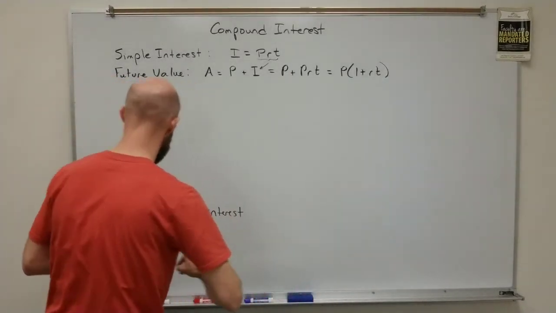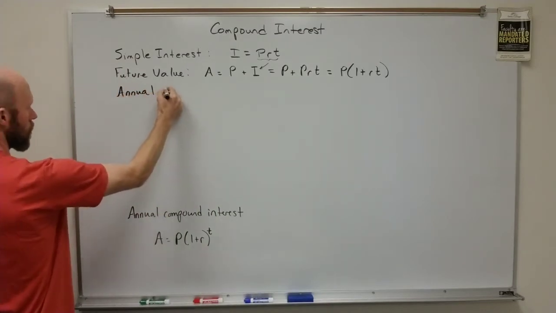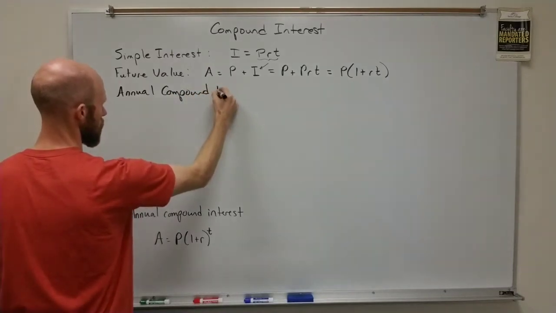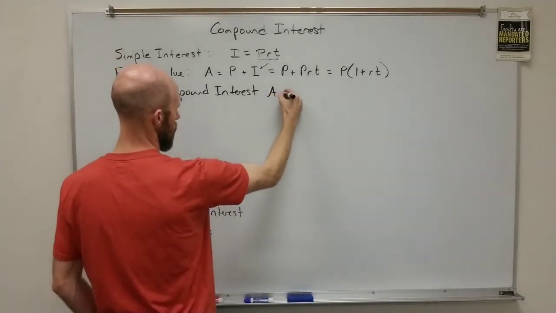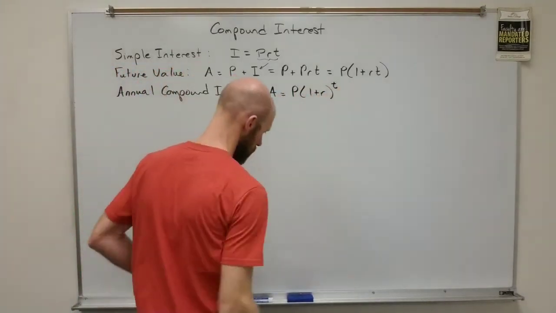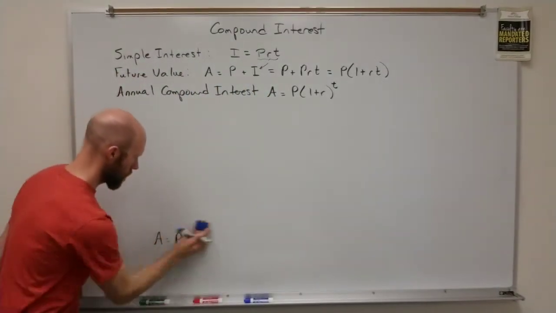Now we have our formula, so in fact I'm going to write it up here. Annual compound interest. So A equals P times 1 plus R raised to the T power, all right? Make sure that's right, yep, okay.